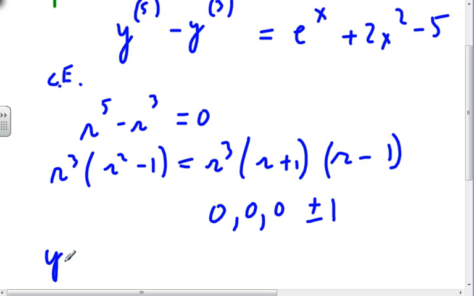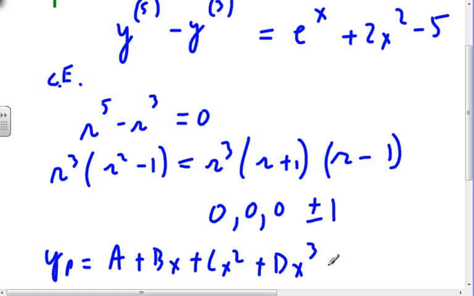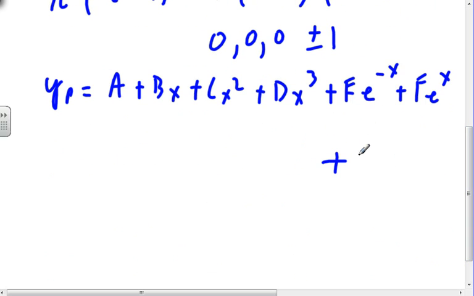So y sub p is going to be a plus bx plus cx squared, and because x squared is in there already, I'm going to have to add a dx cubed, plus e to the minus x, plus f e to the x plus g x e to the x. Oh, well, that was okay. Number 22.